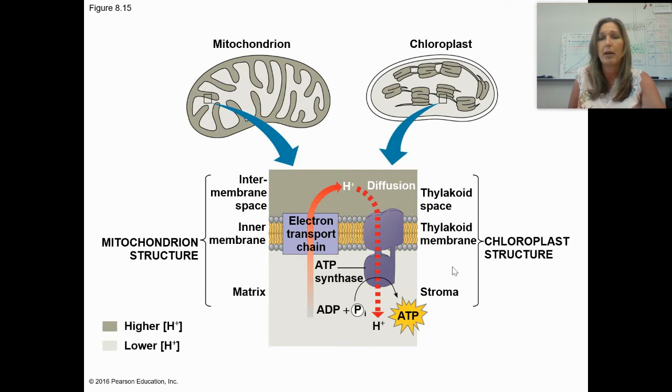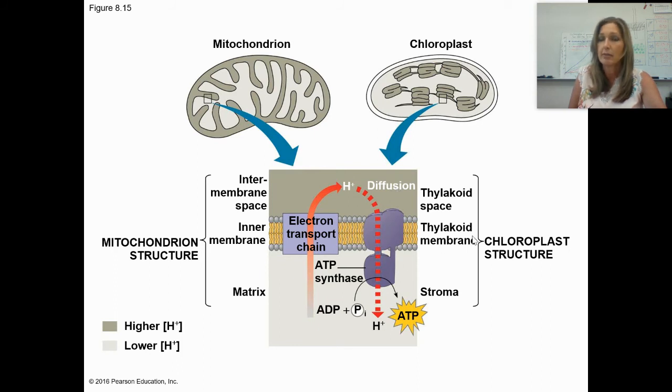If we're talking about electron transport in the chloroplast, we are talking about the thylakoid membrane. In both, we are establishing a proton gradient, a high concentration of protons, and in the mitochondria, that's in the intermembrane space, and in photosynthesis in the chloroplast, that's in the thylakoid space.